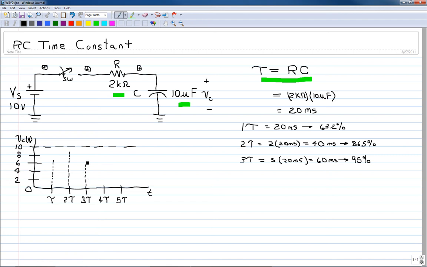So the capacitor is slowing down its rate of charge, but it is still charging.